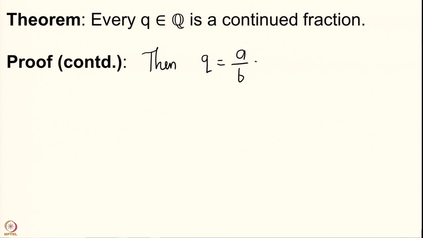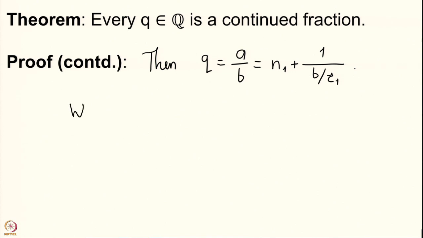We have q equal to a by b to be n1 plus 1 upon b upon r1. Now, r1 is less than b and so we can apply the division algorithm once again to the pair b comma r1.